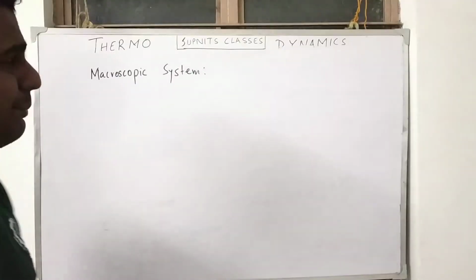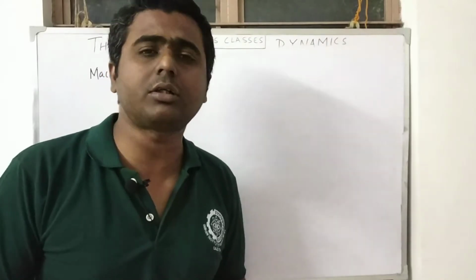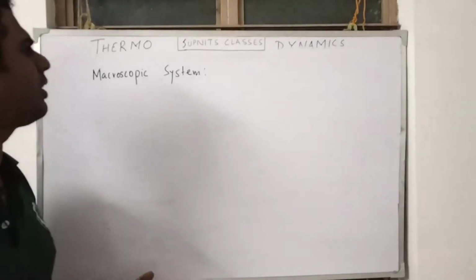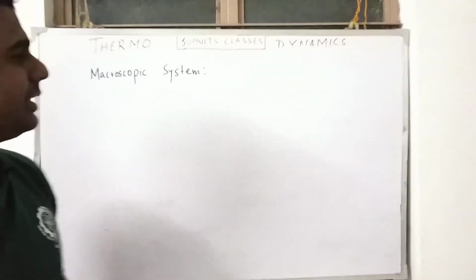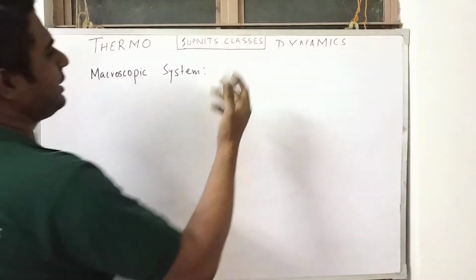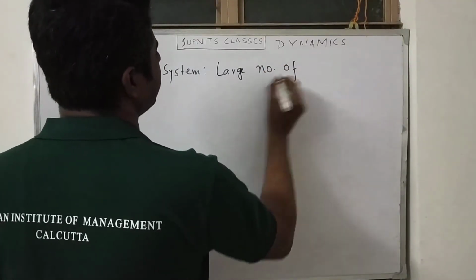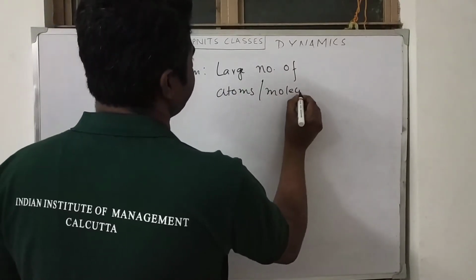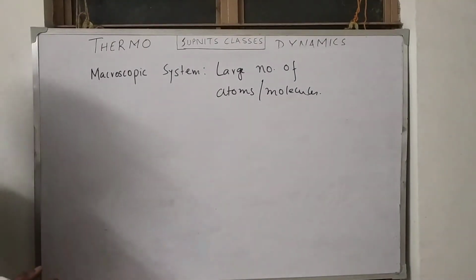Macroscopic system basically means the system is consisting of a large number of atoms and molecules. We are not talking about any individual atoms and molecules in case of macroscopic system. Okay? So there will be some bulk property which can be said about these systems.